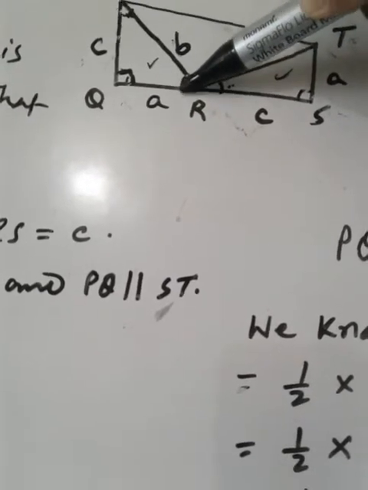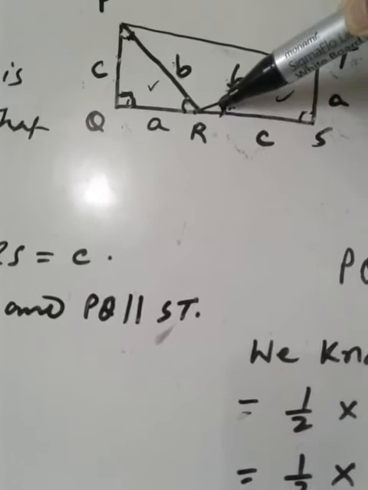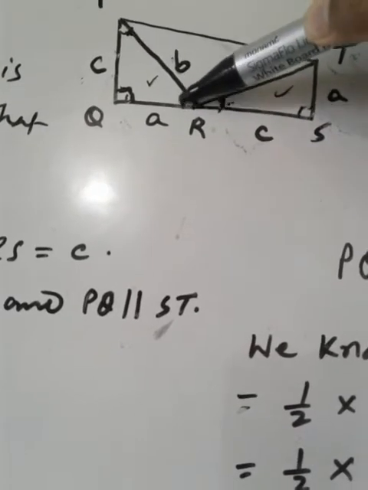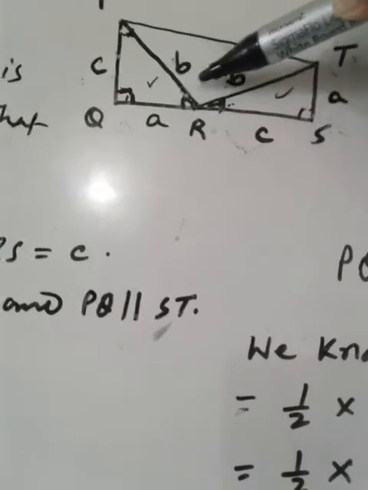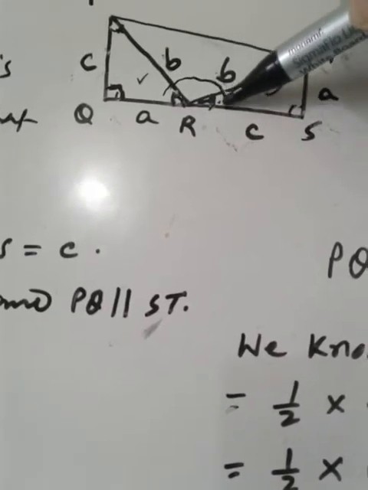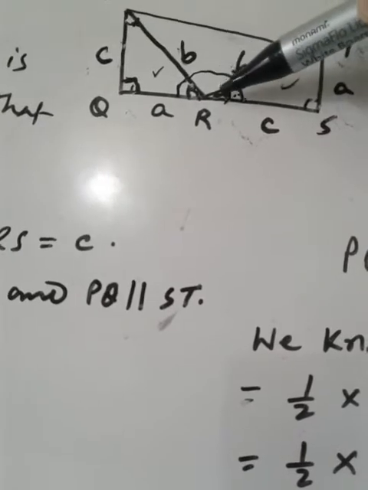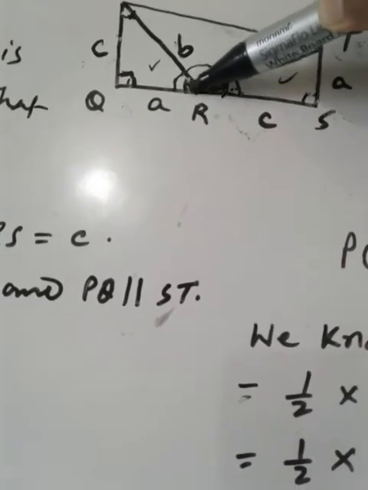So these two angles equal 90 degrees. We know the sum of these three angles is 180 degrees, and these two angles are 90 degrees.